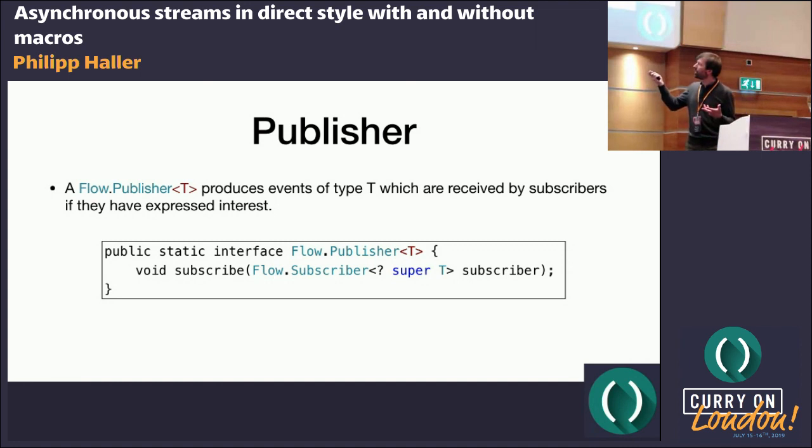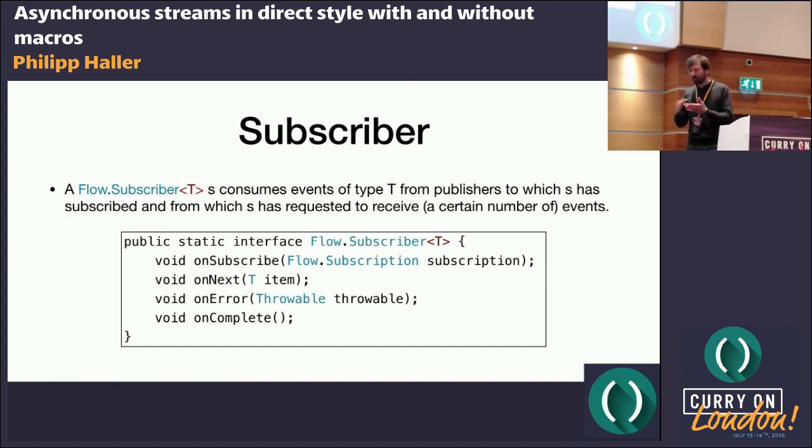This interface has exactly one method, subscribe, which is supposed to be called only by subscribers, and they can pass themselves as an argument, so that now the publisher can emit events to those subscribers. And the Subscriber interface has methods for each kind of event that the publisher can emit. Compared to reactive extensions, there's actually one more event here, which is the first event that's going to be emitted.